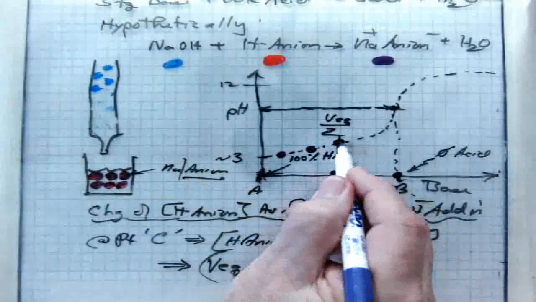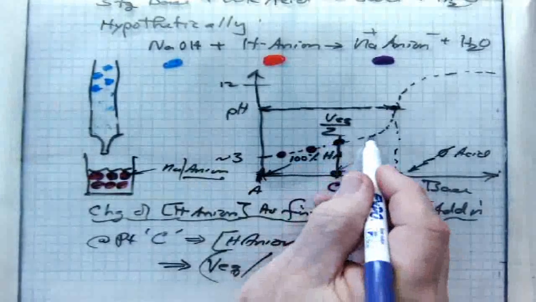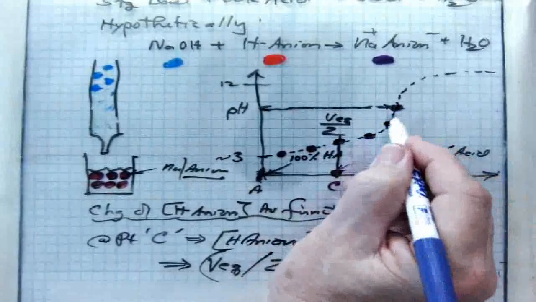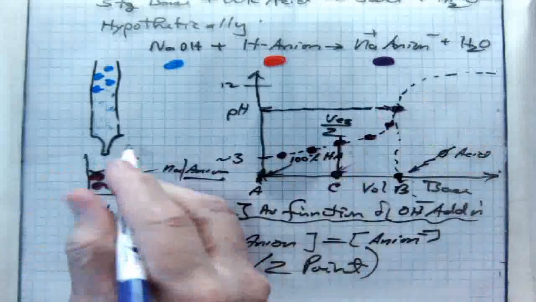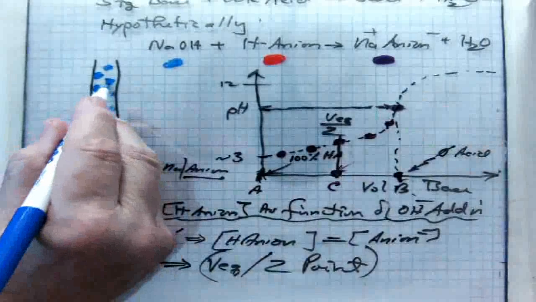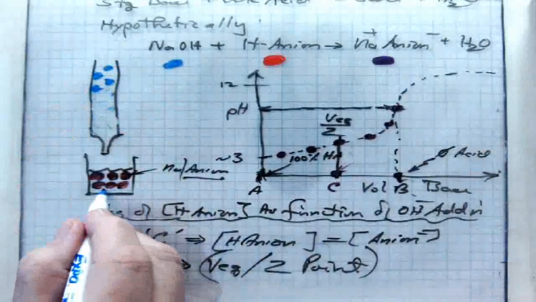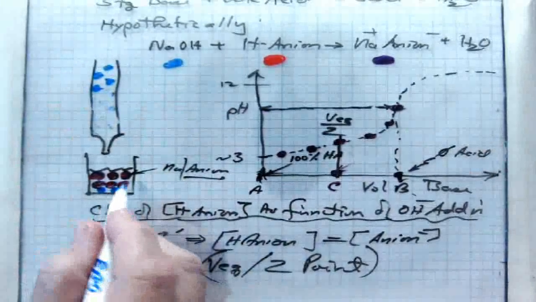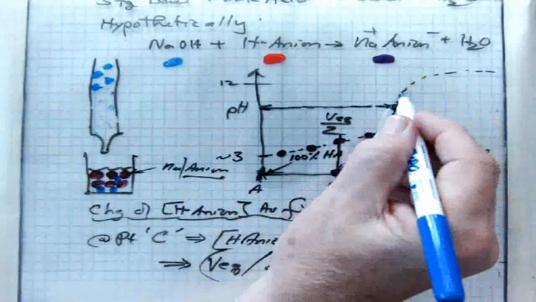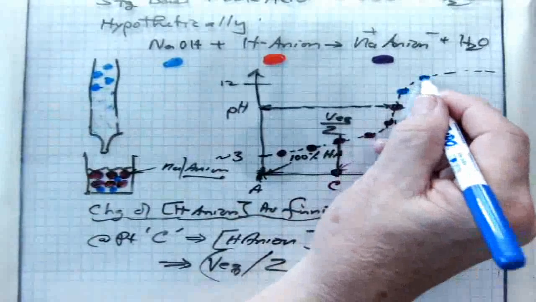Analysis. From titration curve, VEQ over 2 gives HOAc concentration equal to acetate anion. I'm so used to using acetic acid.